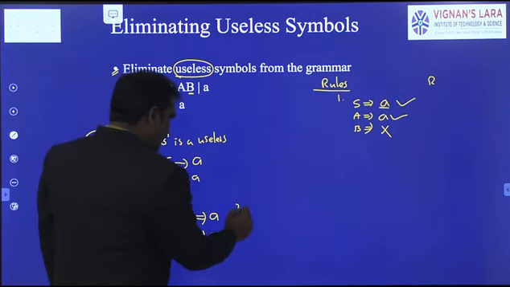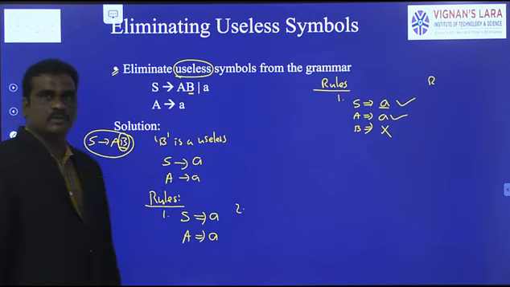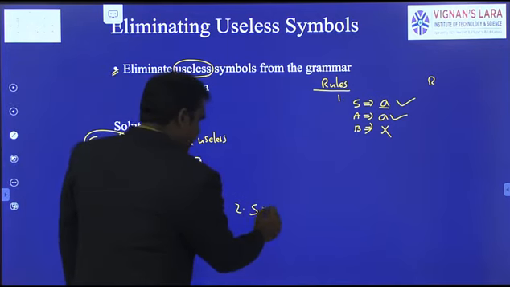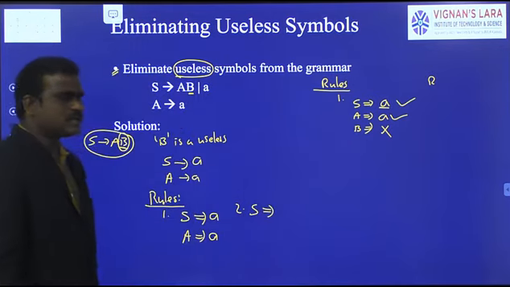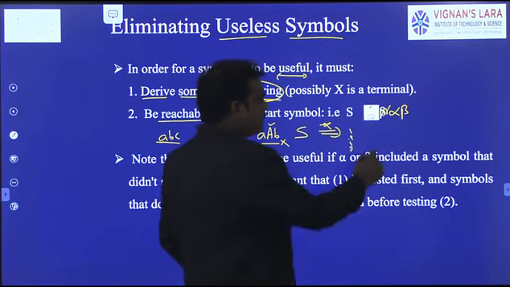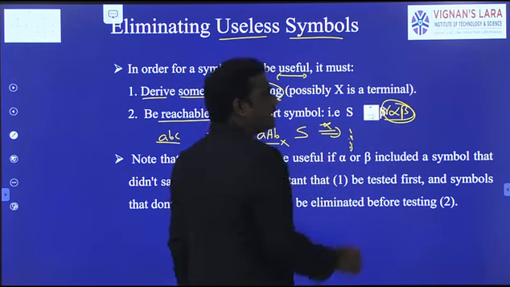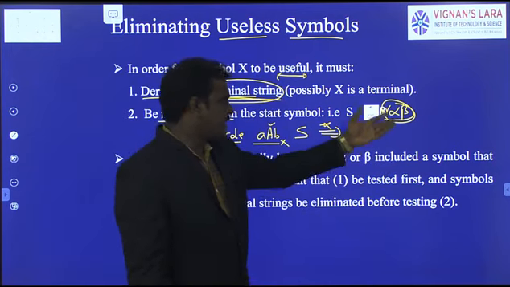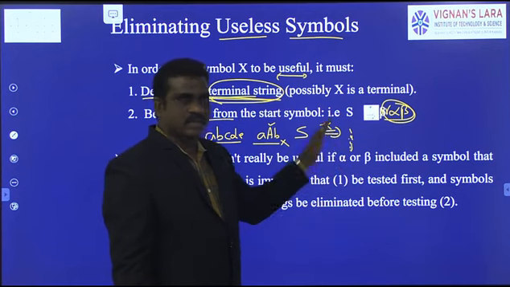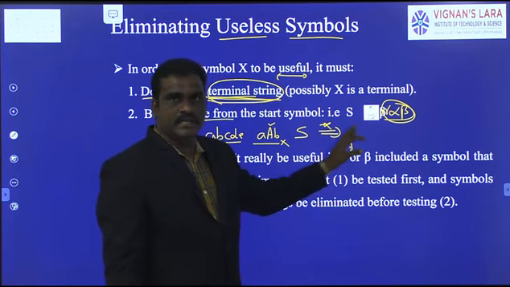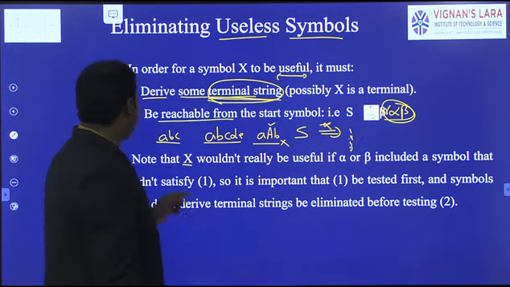Next, rule 2. S is the starting symbol of the grammar. S derives gamma, alpha, beta, whatever it is. In the derivation process, each and every non-terminal is derivable from the starting symbol of the grammar.